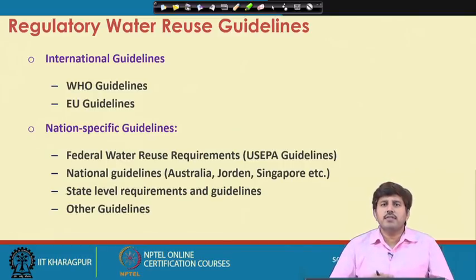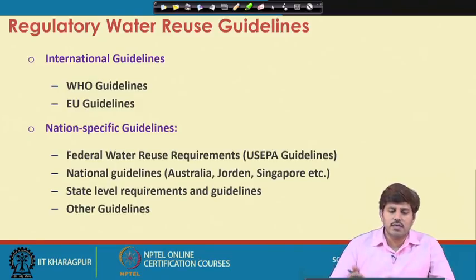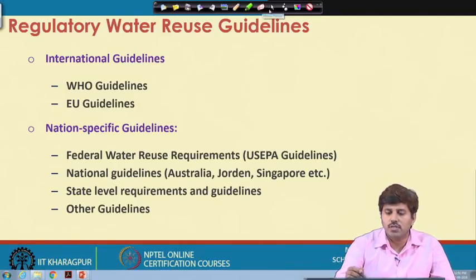At many places there is possibility of other guidelines. Even the municipal systems could make those guidelines, revise those guidelines, make them more stringent or more relaxed or make them more situation specific.